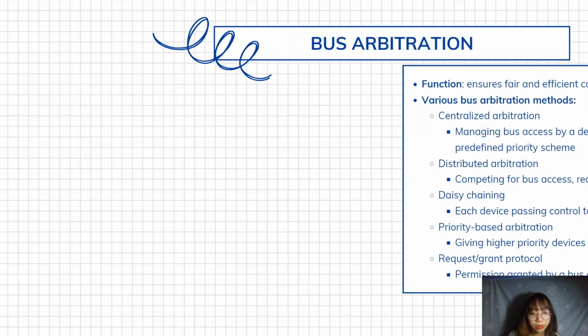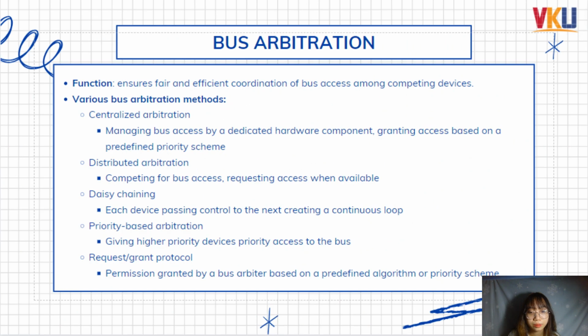About bus arbitration, as I have mentioned before, there is a process in the computer system to determine which device or processors have control over a shared bus. It ensures fair and efficient coordination of the bus access among the competing devices and prevents conflicts. There are various bus arbitration methods.